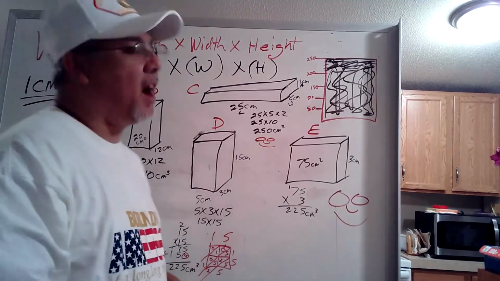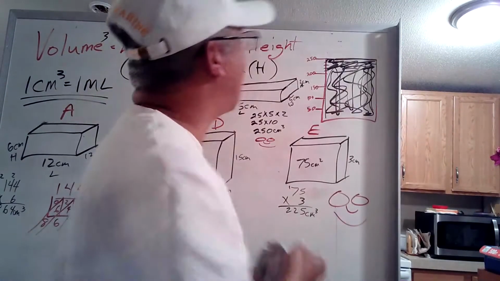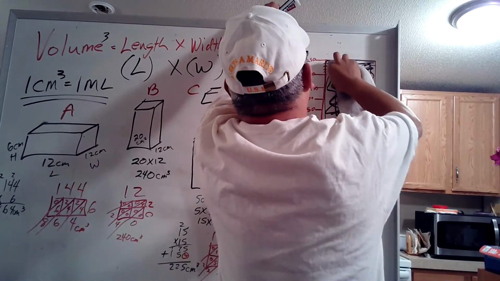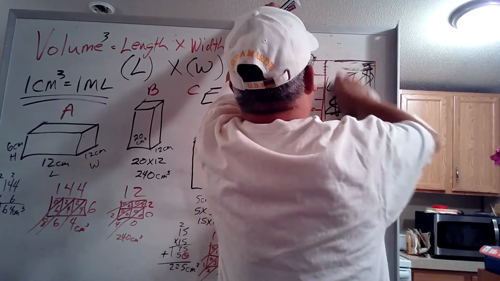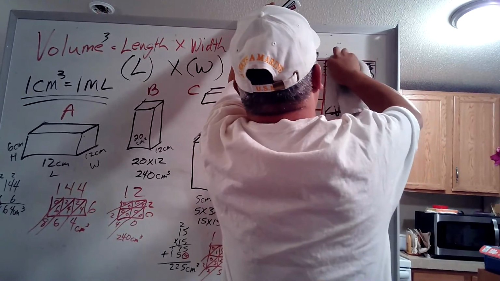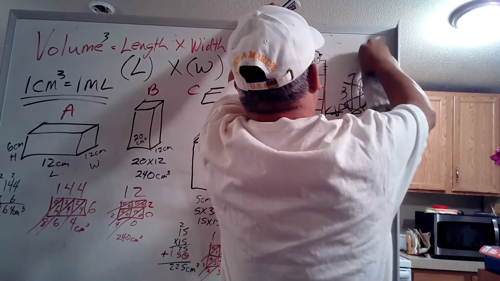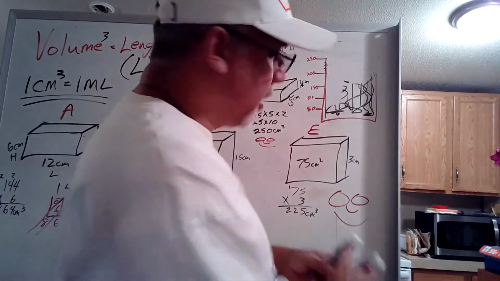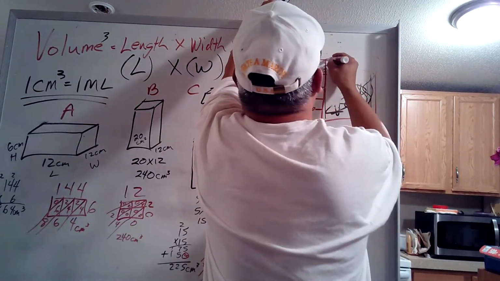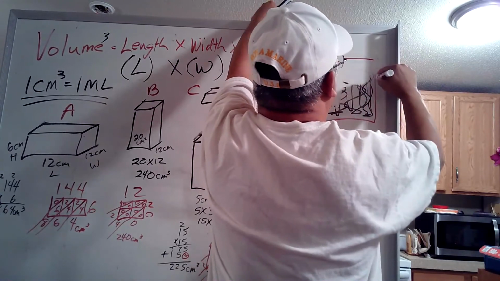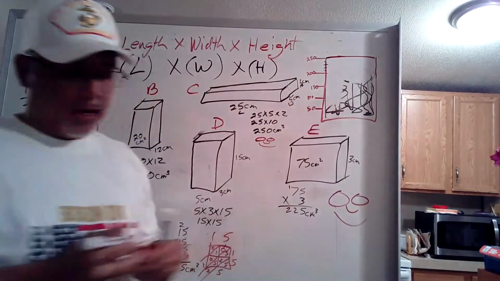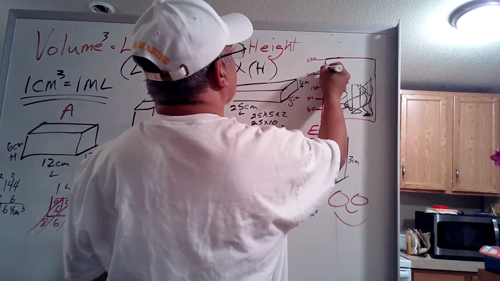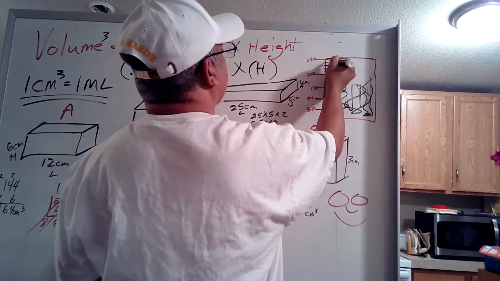D's at 225. Oh boy, now it gets challenging. So, if we're going to 225, alright, we'll erase this top part here. Alright, so if we're looking for 225, once again, I said, hey, let's go 210, 220, 230, 240, 250.